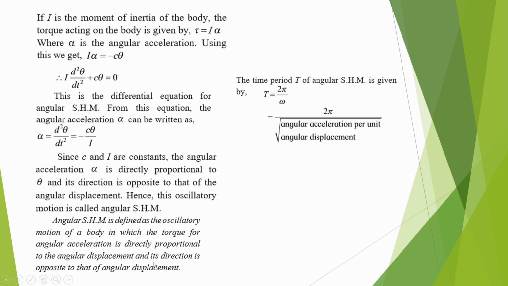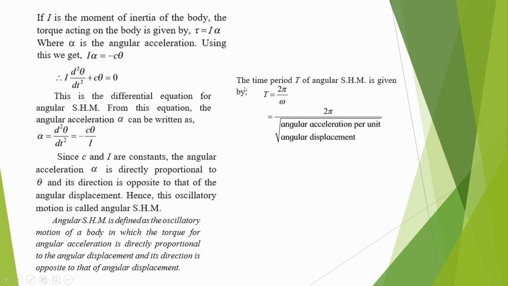This definition is similar to that of linear SHM, because in linear SHM force or acceleration are directly proportional to displacement and in opposite direction. In angular SHM the force is replaced by torque, the linear acceleration A is replaced by angular acceleration, and the linear displacement x is replaced by angular displacement theta. So we get the same definition.